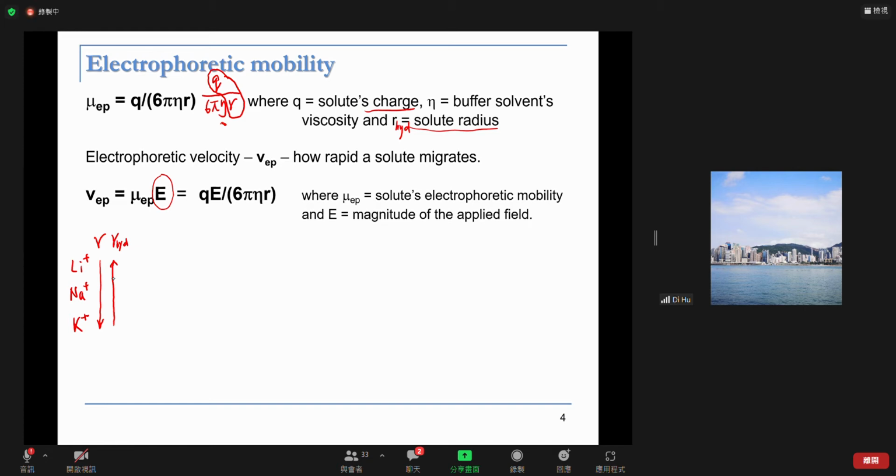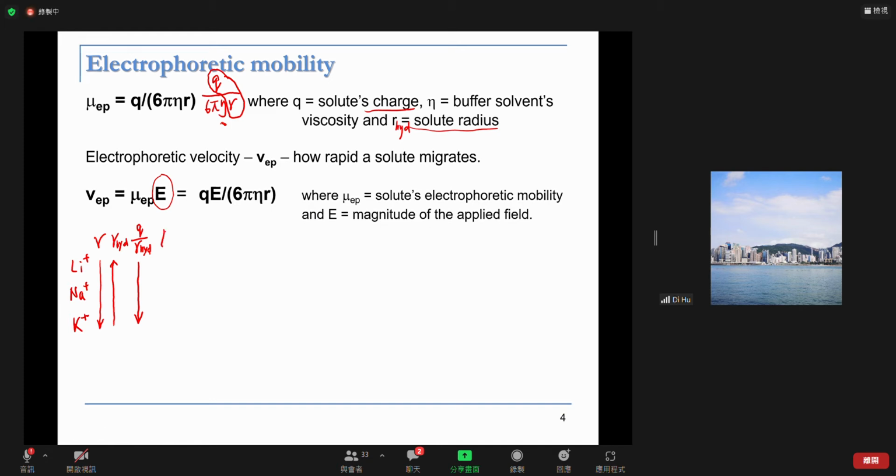So how about the Q over hydrated radius? Which one is larger? Definitely this order. Potassium will have a stronger charge to radius ratio, then sodium, then lithium.